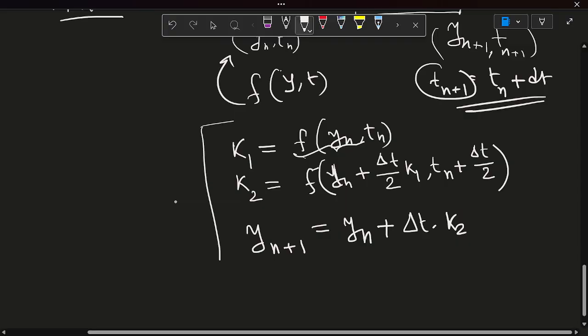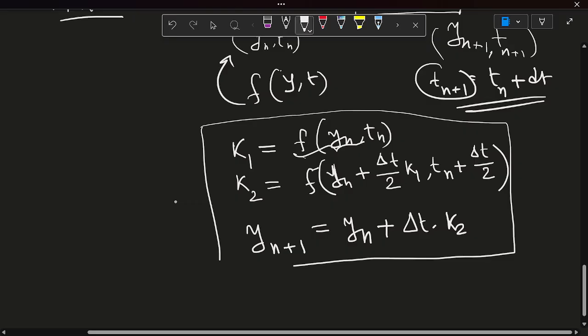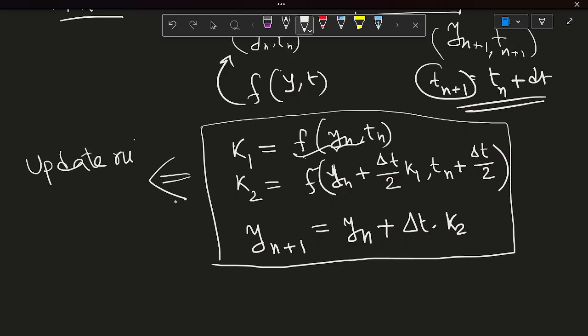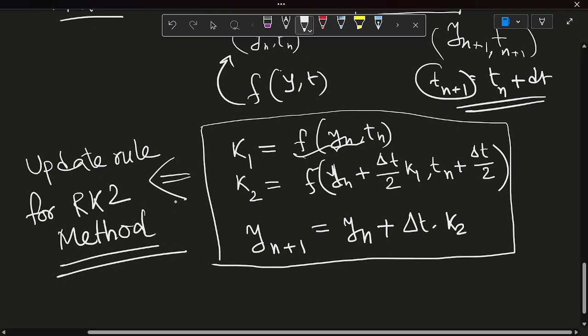So in the RK2 method, this is your update rule. This is how you will update the function.